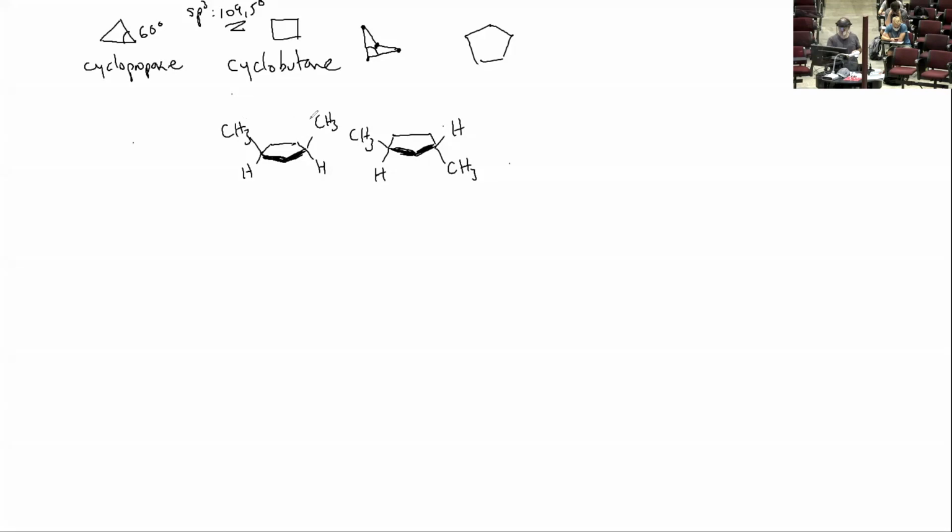I think you'll agree with me that those 2 methyl groups are on the same side of the 5-membered ring. So we'll say that they are cis, and I'll write this down in a moment. These 2 are on opposite sides, and so we'll say that they are trans. So this molecule, and again, you can practice naming cycloalkanes on your own, we'd have to call this one cis 1,3-dimethyl cyclopentane.